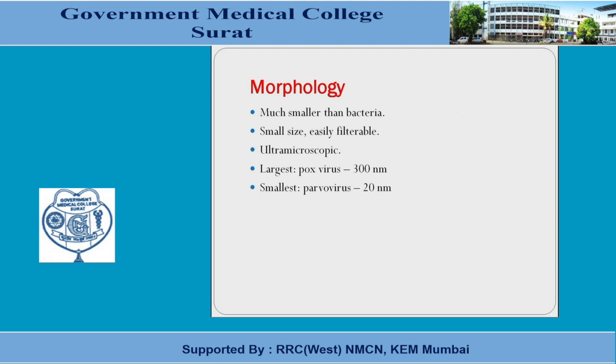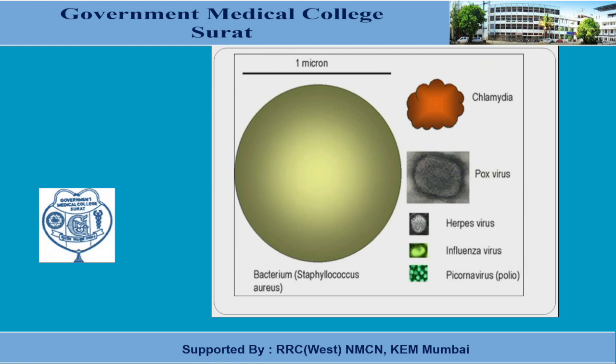So it is smaller than bacteria. For example, a bacterium is about 1 micron in size. After that there are Chlamydia, then pox, herpes, influenza, and the picorna virus. So these viruses are smaller than bacteria.